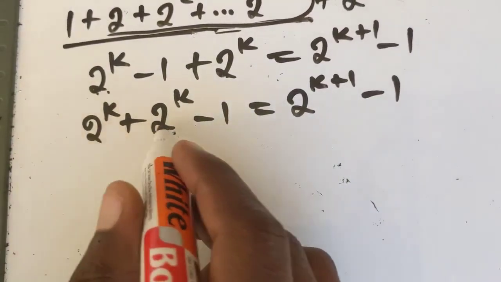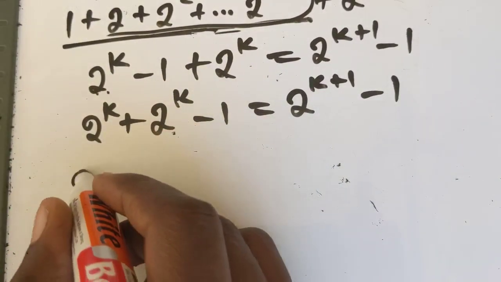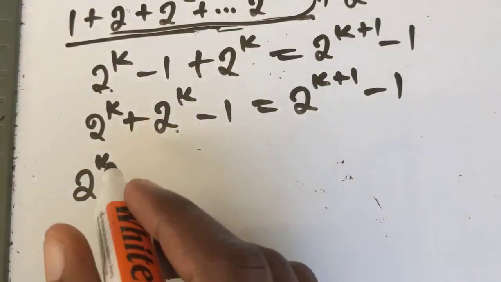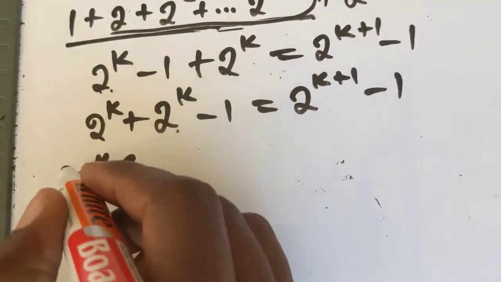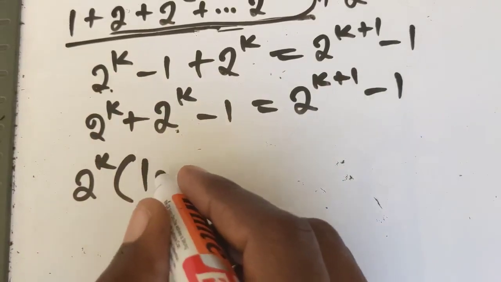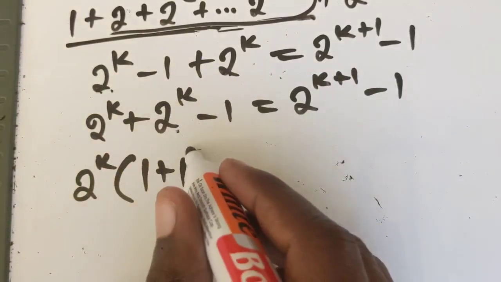So here we have, what is common here? It is 2 to the power k that is common. So what we are going to have here, 2 to the power k goes into this one time, so it is 1, then plus again this one, 1.